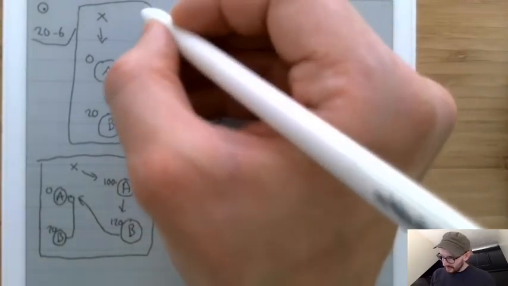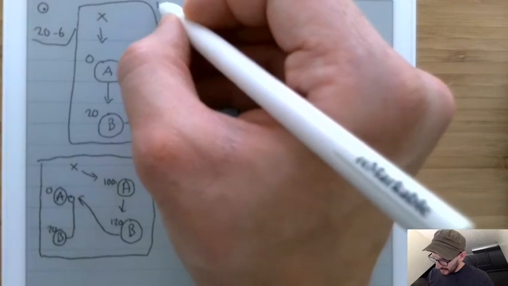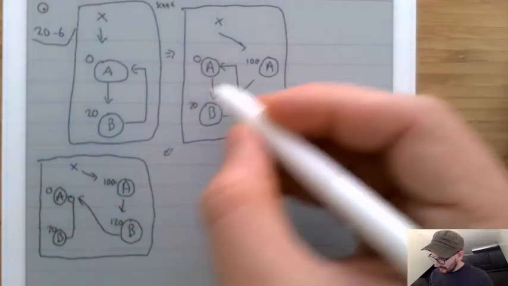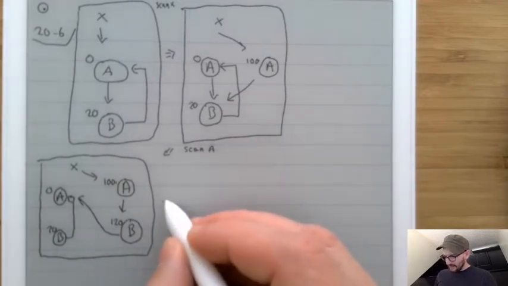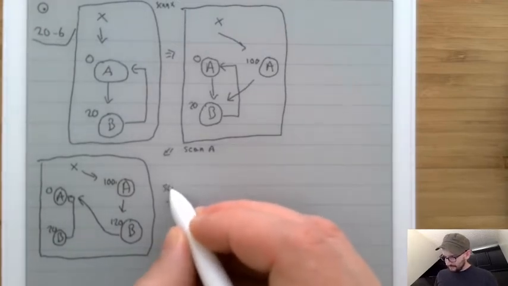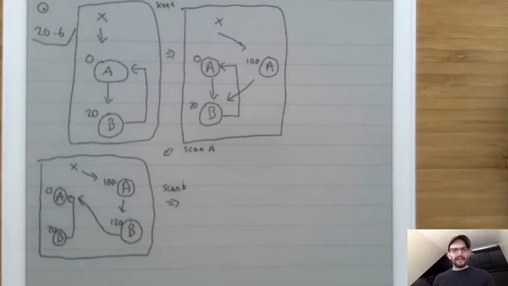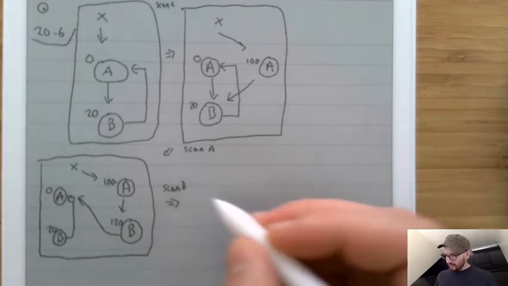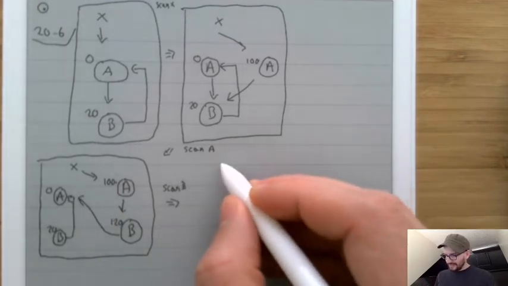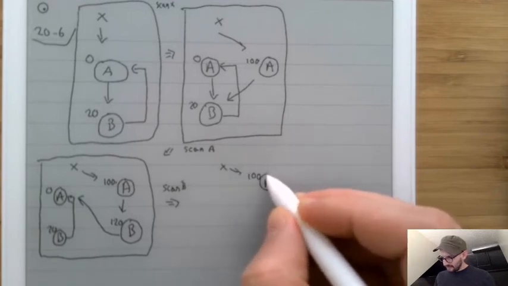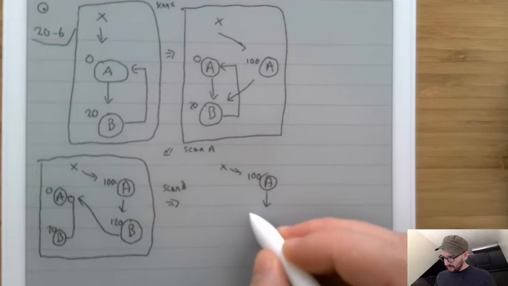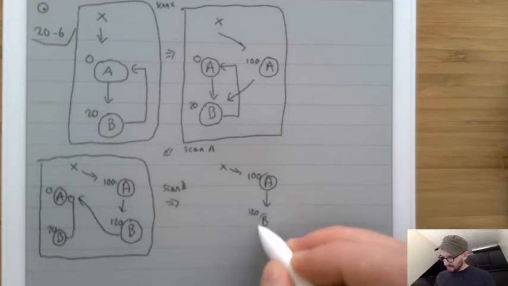So this one is from scan X. This is from scan A. Now what's going to happen is that we're going to scan B. And if we do what I've said so far, when we scan B, X is going to point to 100, A. A is going to point to 120B.